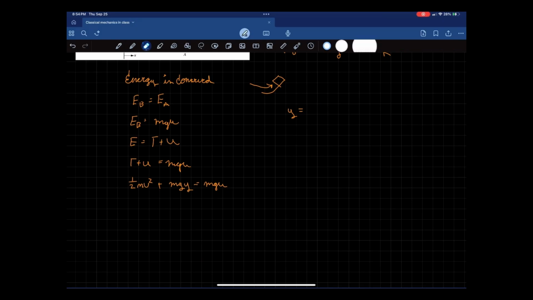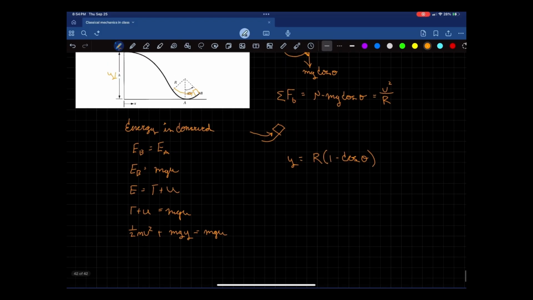Okay, let me restart. So the height is equal to, basically this is our formula to find the height of any circle at any given point.